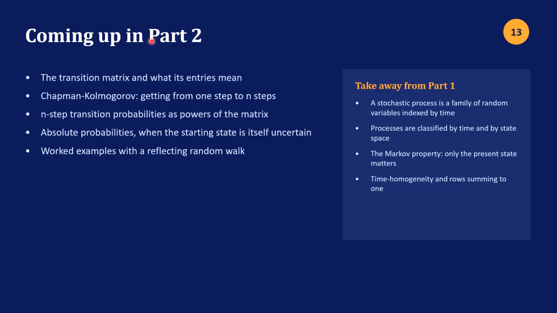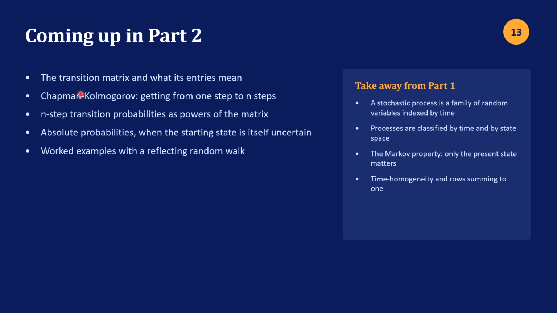The next lesson, part 2, we're going to cover these topics here, which I'll go over quickly. We'll talk about a transition matrix that has all the probabilities of going between the states. And then we'll talk about getting from one state to another in multiple steps and the probabilities of that.